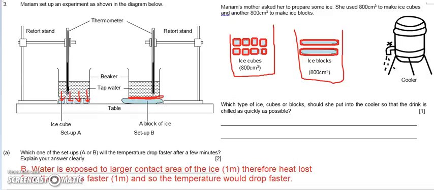In the first setup, the greater surface area in contact with heat is the block of ice. And in the second part of the question, the greater surface area in contact with the whole entire water would be the ice cubes because all the cubes will be in water. Whereas here it is only a bit.